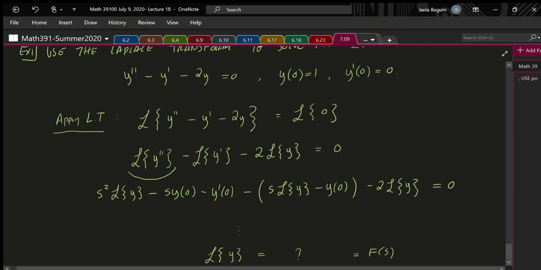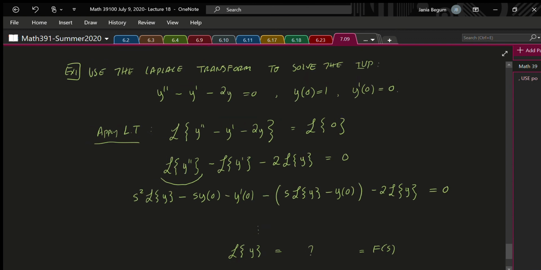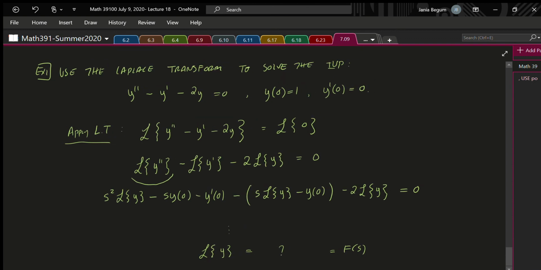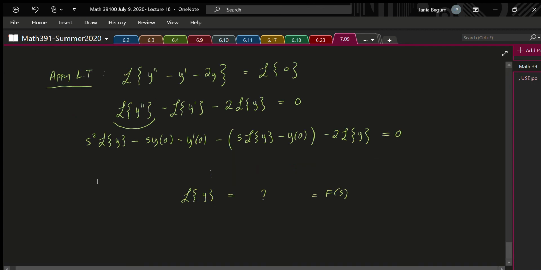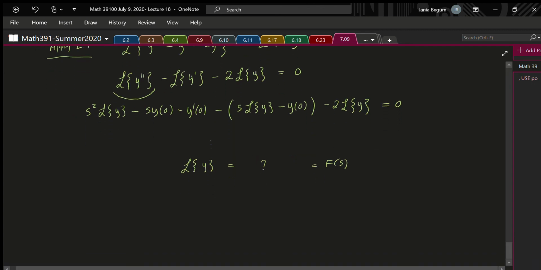And that's what we call the Laplace transform. We were able to do that with simple functions. Now we can also do it for second order differential equations with constant coefficients. And then if you want to find the function of t, you would do the inverse Laplace transform. Now from here, I'm going to finish this next time. I just want to give you an outline.